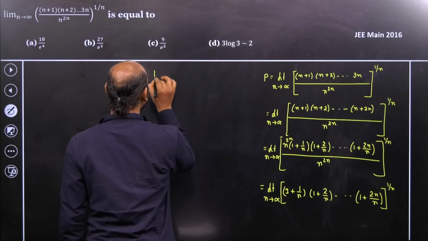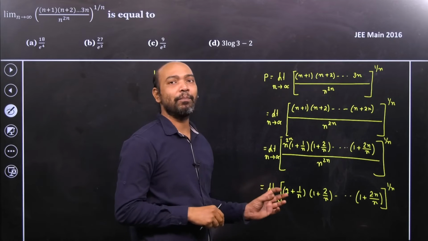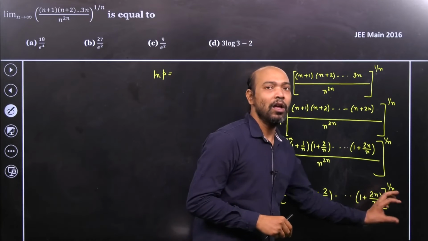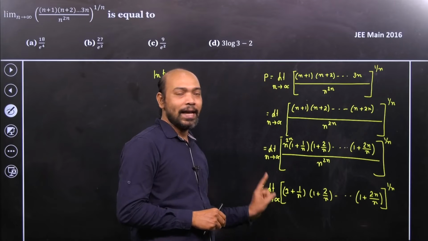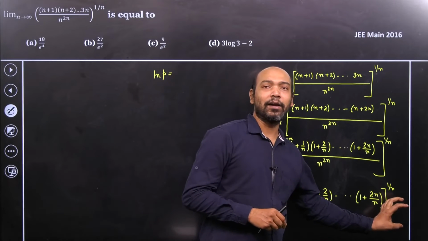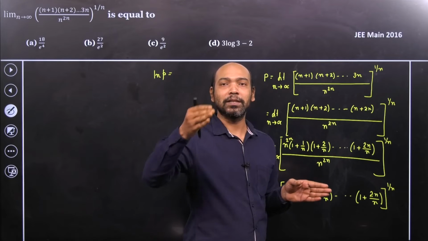If I take the natural logarithm, that means ln P is equal to, now see, if I apply natural logarithm here, obviously using the power law, that 1 by n comes outside and log is applied here. And we know that log of abc can be written as log a plus log b plus log c.